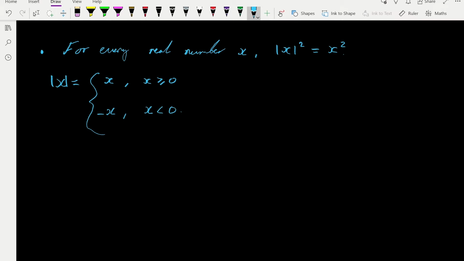And if it's negative, well, you're going to be timesing a negative by itself, and that would give us a positive in the end. So we're always going to get a positive out of squaring something.